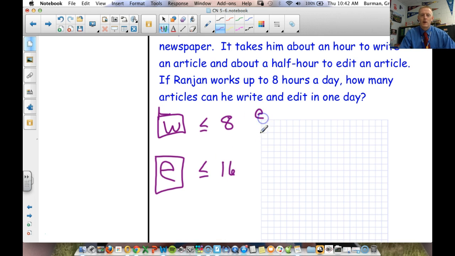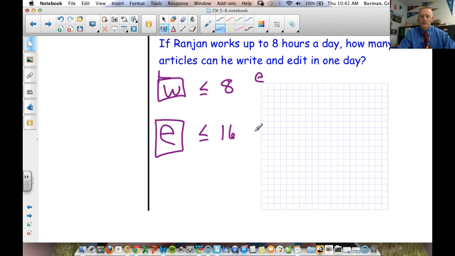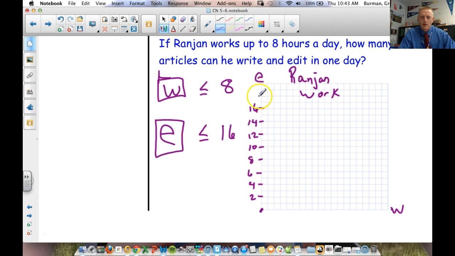So let's pretend that this y-axis is his abilities to edit. This x-axis over here is his abilities to write. This is Rajan's work. So that's our title. Over here we have our 0, 0, and we'll have to get our labels. So this will be 2, 4, 6, 8, 10, 12, 14, 16, 18, and that one of course is 20 then.